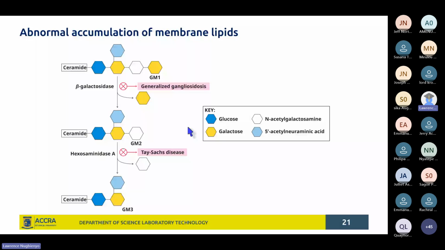So we have, say, a membrane lipid, which is GM1, in these nerve cells, and you have the enzyme beta galactosidase. I think we've met beta galactosidase a couple of times in the metabolism of lactose, breaking lactose down into galactose and glucose.